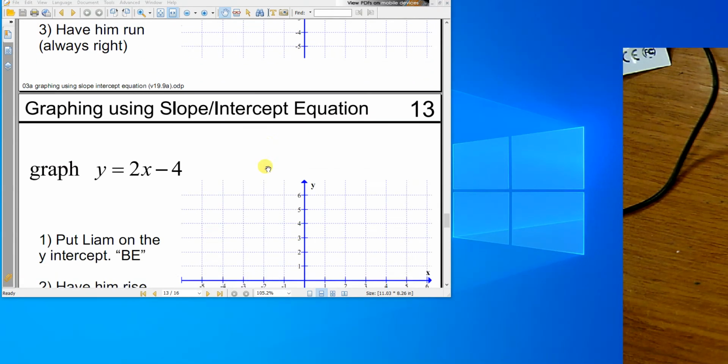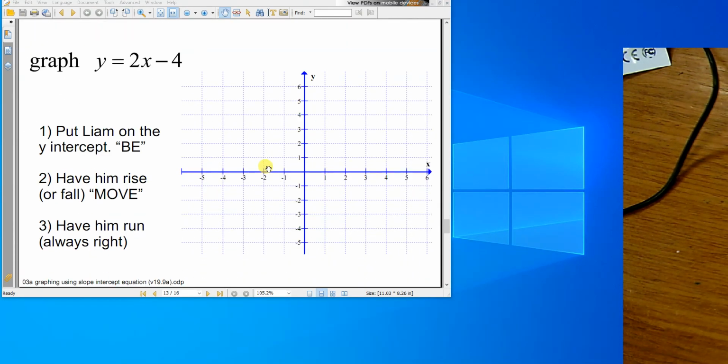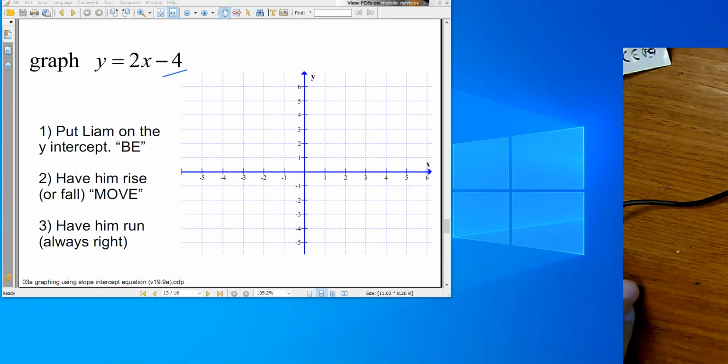Let's try another one. Where does Liam want to be? Liam wants to be at -4. How does Liam want to move?